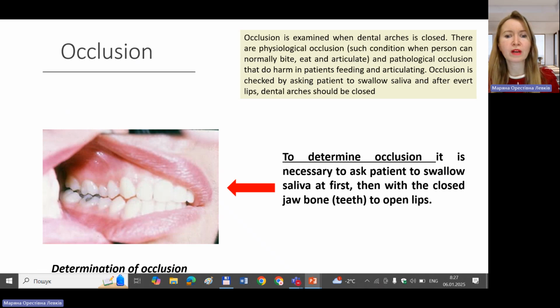Dental arches should be closed. And on this picture you can see the way to determine occlusion. So the patient should be asked to swallow saliva first, and then with closed jawbone, closed teeth, the patient should open lips.